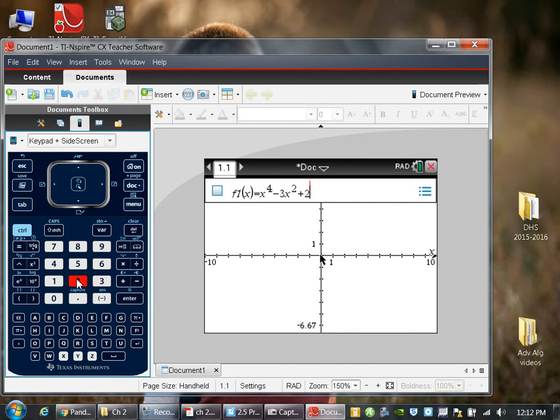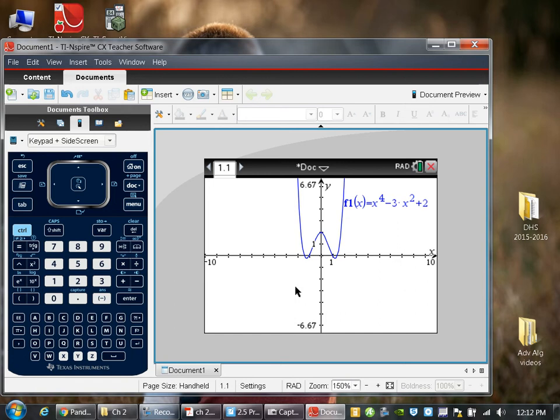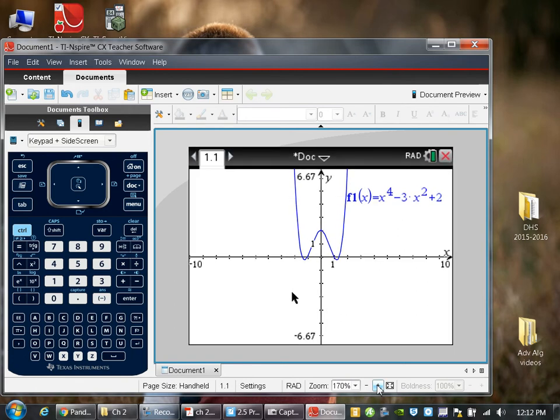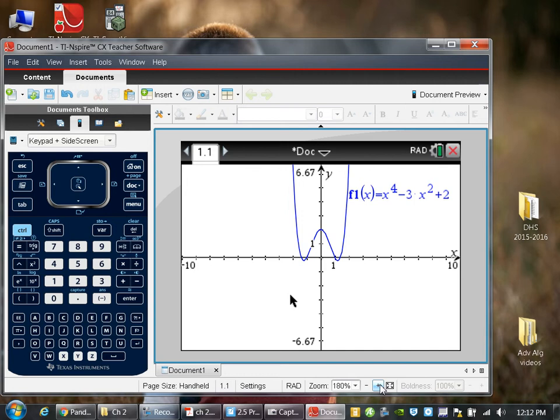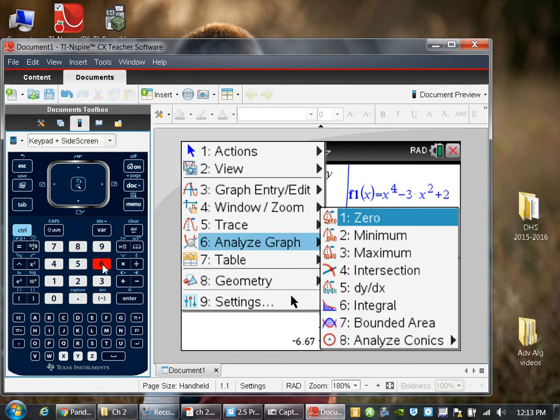When we have this here, if we go to your graph, it's going to give you that approximation like we did before. So all you would have to do is go in and zoom a little bit. Here you can do your approximate of zeros by your menu 6, 0, which is 1.